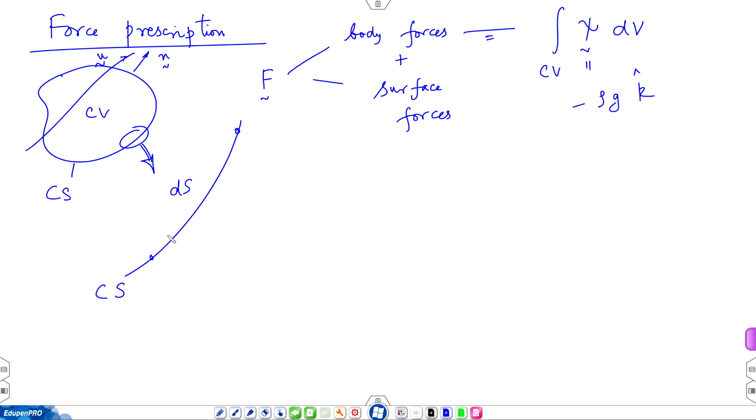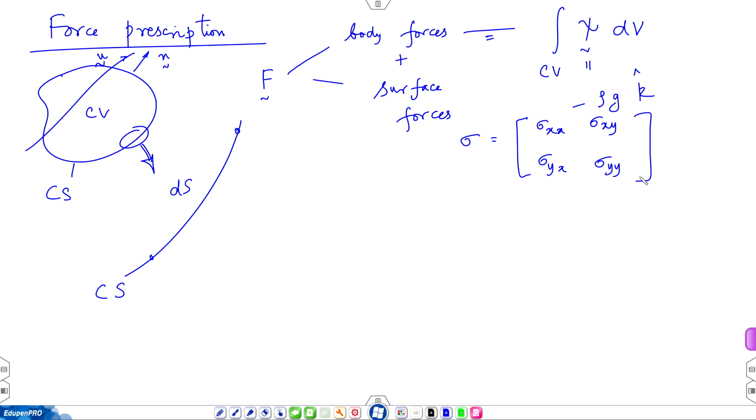So, recall that surface forces are defined in Cartesian notation in this manner. It is a 2 by 2 matrix. If you think of a vector, it will be a 1 by 2 matrix, just one row with 2 columns. So, vectors will be 1 by 2, second order tensors will be 2 by 2. So, in 3D it will be 3 by 3. So, that helps you carry out all these dot products.